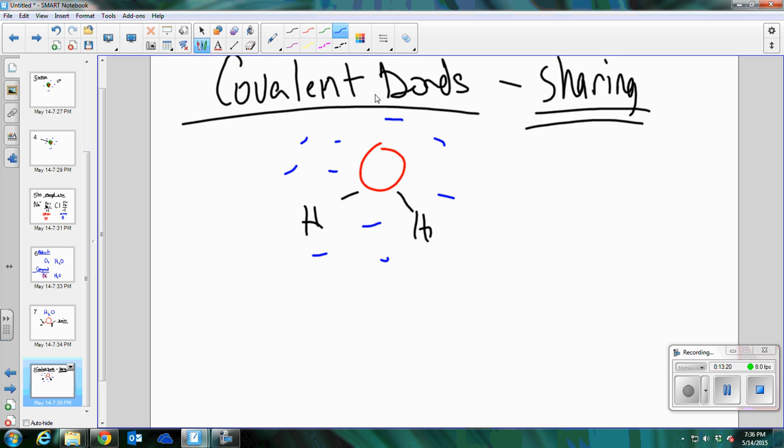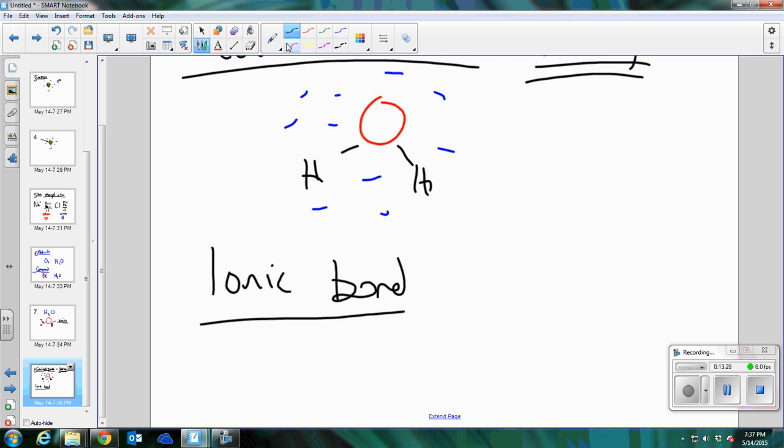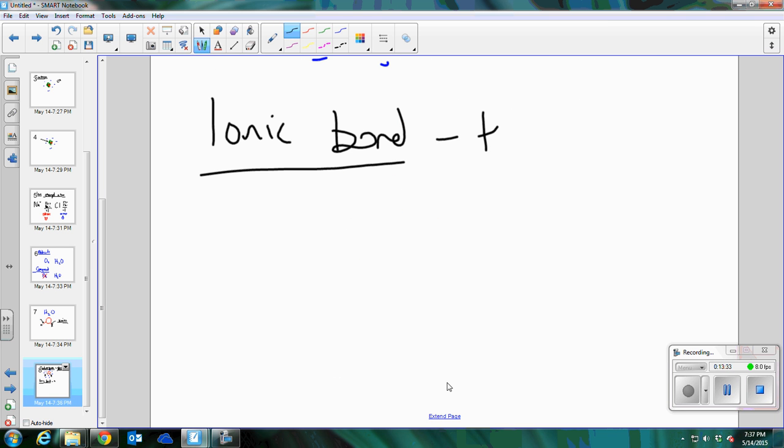All right. Whereas the next strongest type of bond, an ionic bond, there is no sharing, but there is transferring of electrons.